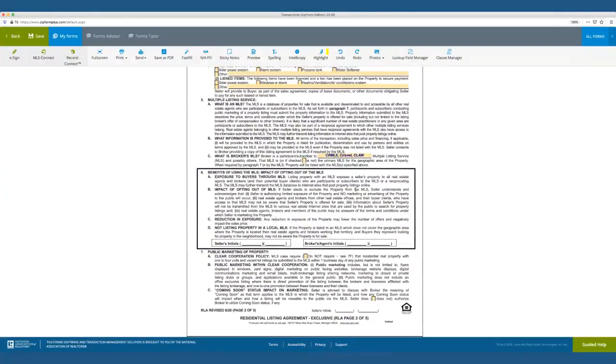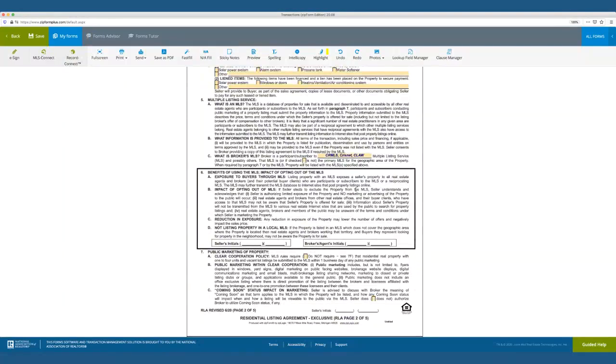But really, and there are some legitimate reasons why somebody would want it excluded from the MLS. If they're celebrities, they don't want their property on the MLS. There's many different reasons. So those are legitimate reasons. But really, to get the best price, you want the biggest pool.